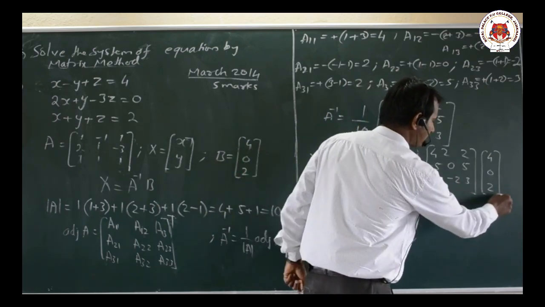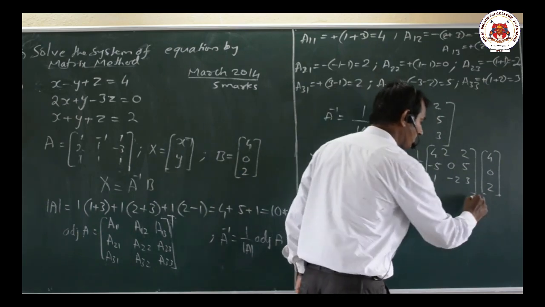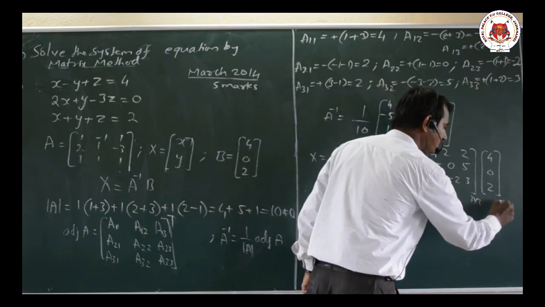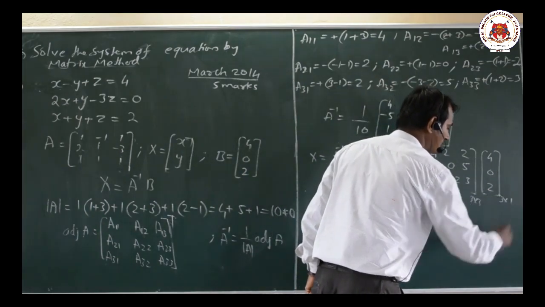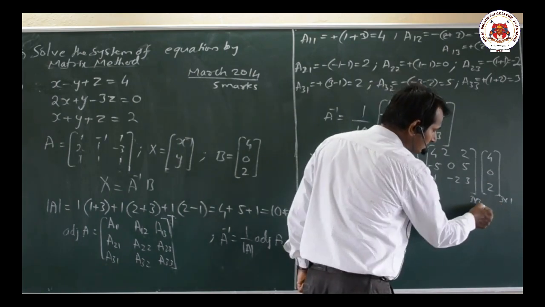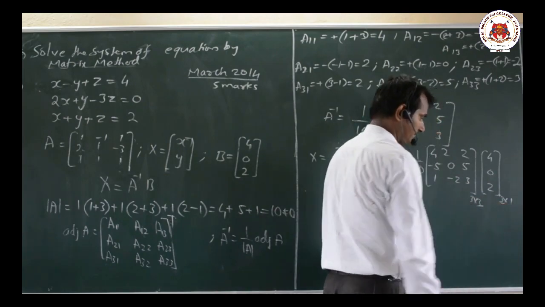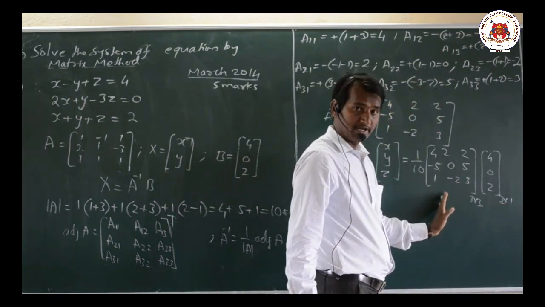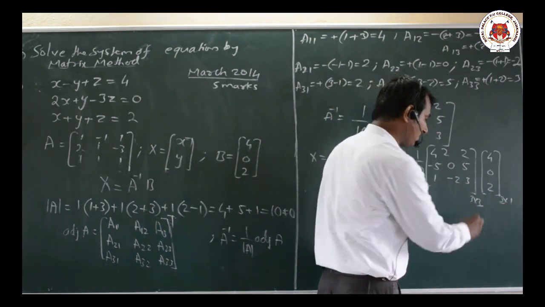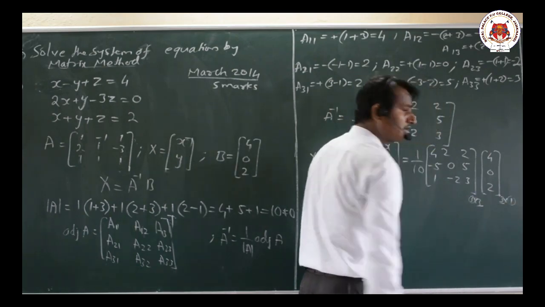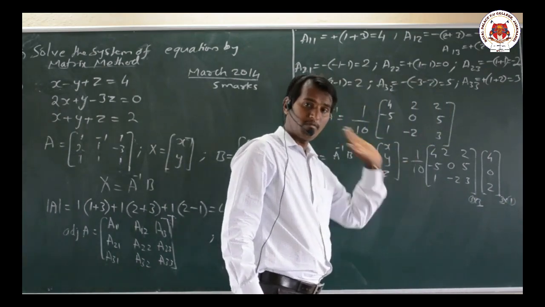Since the first matrix is of order 3 cross 3, and the second is of order 3 cross 1, the first matrix's columns and the second matrix's rows are the same. Therefore we can multiply it, and the resulting matrix order will be 3 cross 1, a single column matrix.